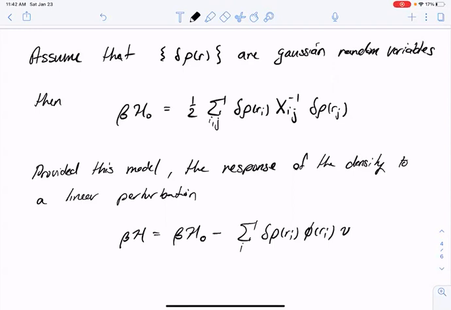So it might depend on where in space it's being applied. So I give it subscript Ri. It acts conjugate to the density in that location of space.